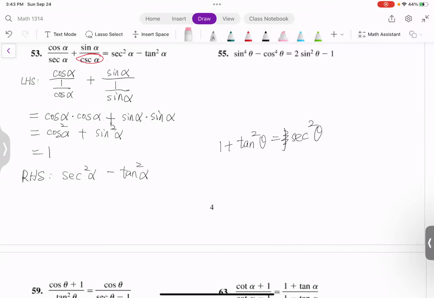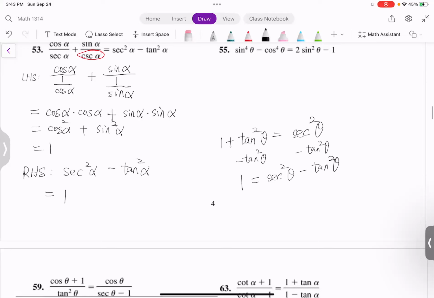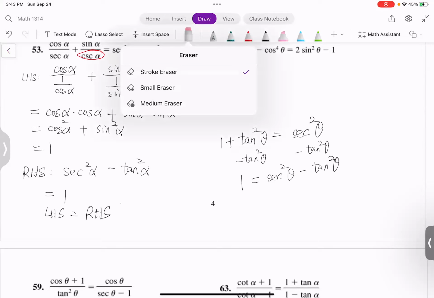And on both sides, let's subtract tangent theta squared. It is 1. So 1 equals secant theta squared minus tangent theta squared. Oh, that means my right-hand side also equals 1. So left-hand side equals right-hand side. Okay, we proved the identity.